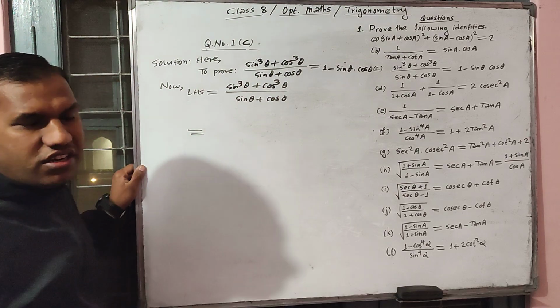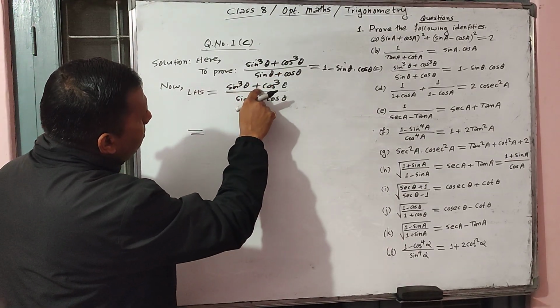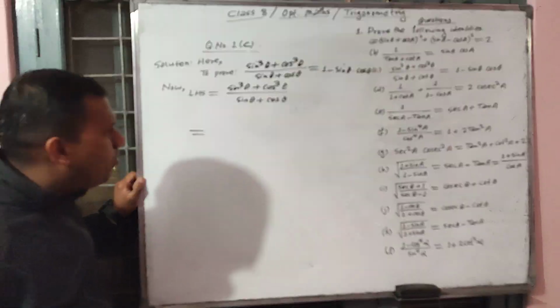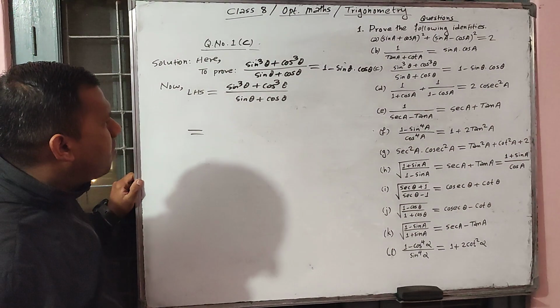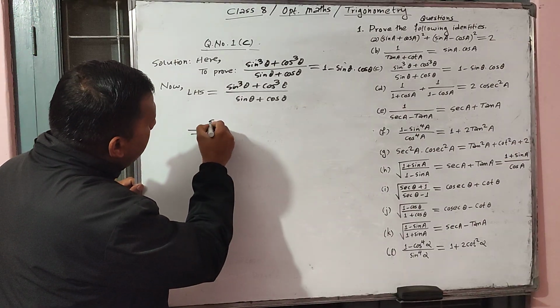Okay, students, let us focus on the numerator part. This is in the form of a cube plus b cube. So we can use the formula of a cube plus b cube, a plus b times a square minus ab plus b square. Okay, let's apply the formula.